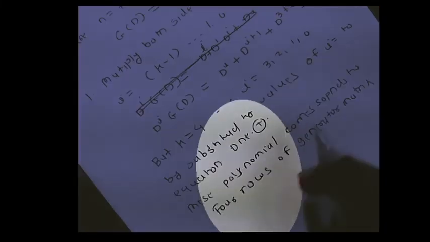Okay, when we put the values of this i in this equation, we get the different polynomials, and these different polynomials correspond to the 4 rows of the generator matrix.